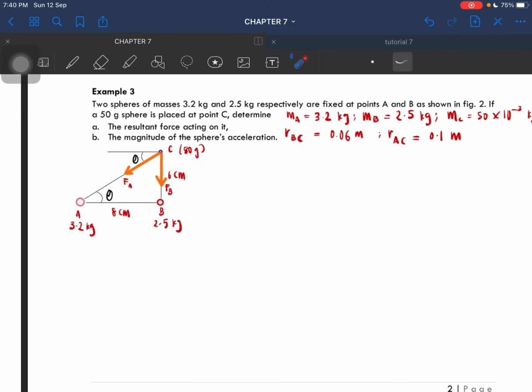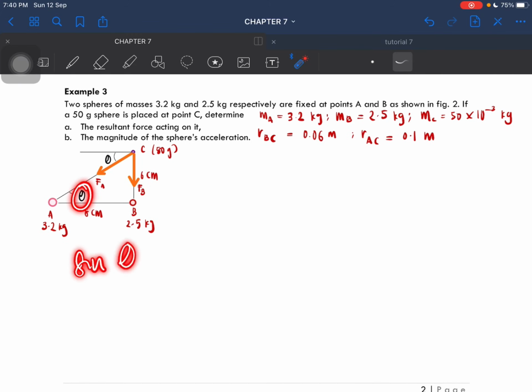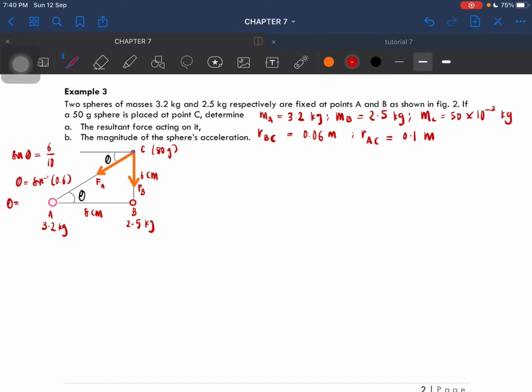For theta you can use sin theta equals opposite over hypotenuse, so 6 over 10. You will get sin theta equal to 6 over 10, which is equal to 0.6. Shift sine 0.6 gives us an angle of 36.9 degree. So you will have that angle.